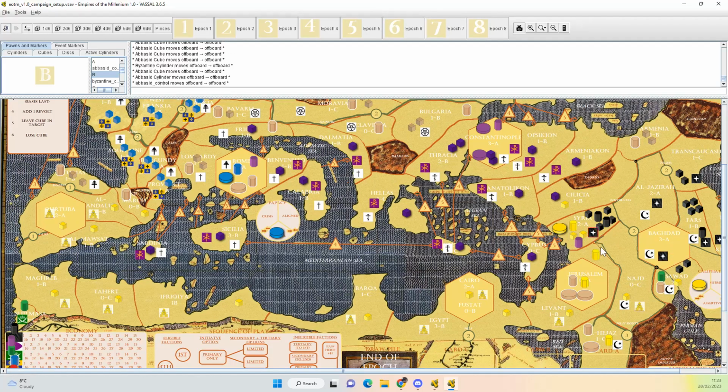Now, if either the Umayyad or Byzantine or both march into Syria, it's going to go back to uncontrolled. So that's how area control works. Each area has a controlled status of either controlled by a faction or uncontrolled. And then each area also has a religious majority.